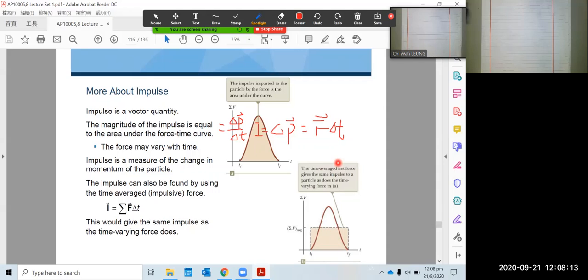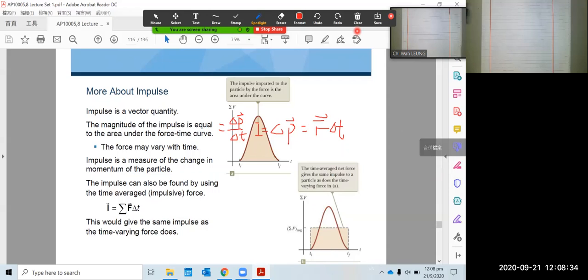Now, an important issue once again is delta t. If you have a very short time, no matter what the shape is, the average force must be large because the base is small, so the height of this rectangle must be large.